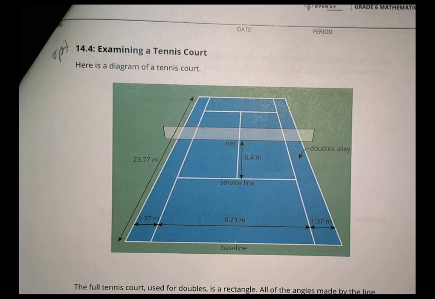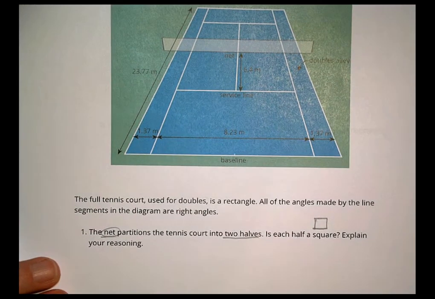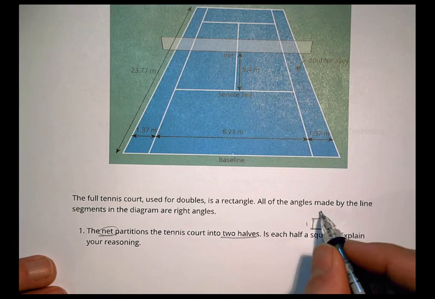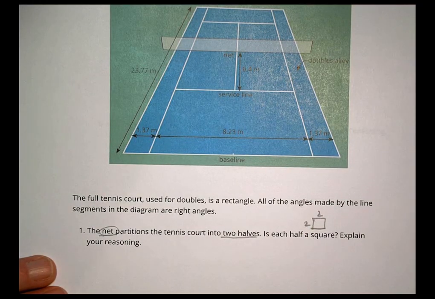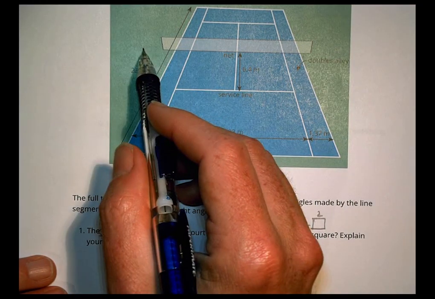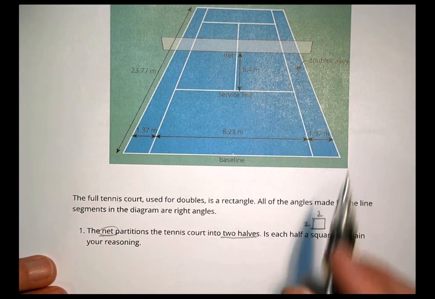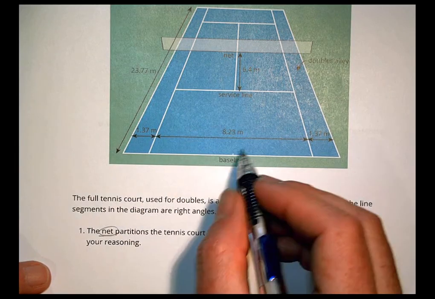Now to be a square, you'd want to make sure that the length and the width are the same, right? 1 and 1 or 2 and 2, whatever it's going to be. So the question here is, if the net line is here, do I end up with a square? Okay. So let's first of all take a look at the baseline.